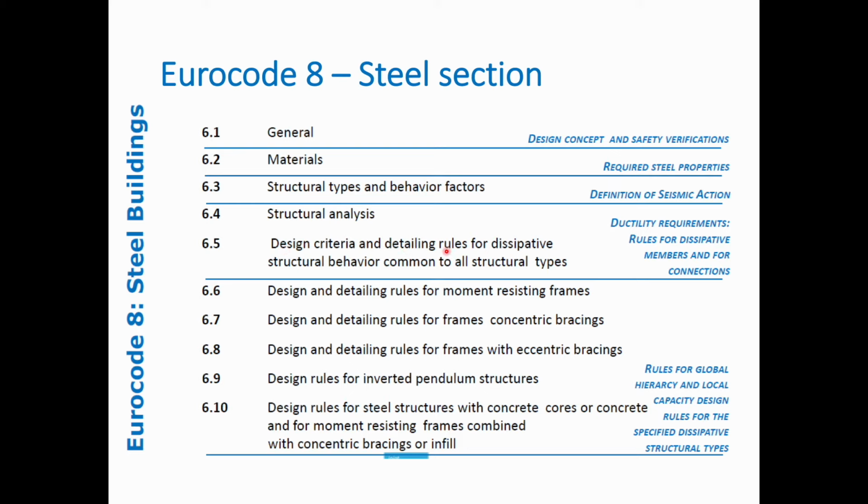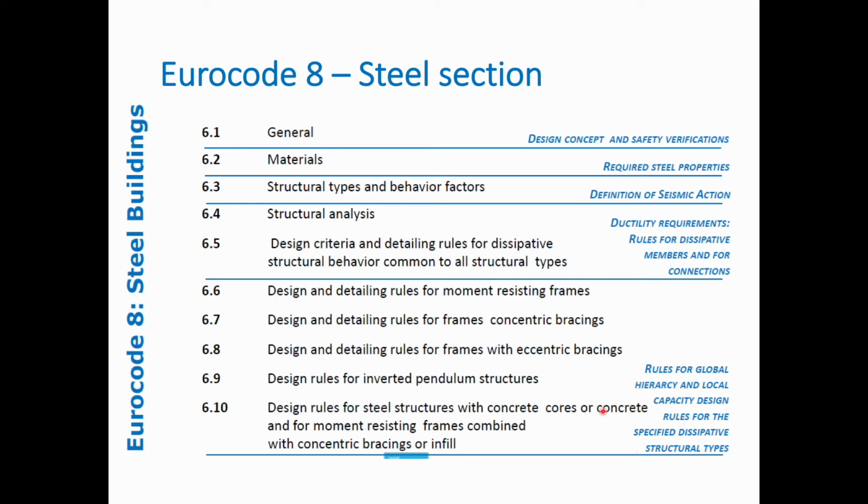6.5 is the ductility requirements overall, with the rules for dissipative members and connections, whereas the last part, 6.6 to 6.10, is the rules for global hierarchy and global capacity design for specified dissipative structural types.